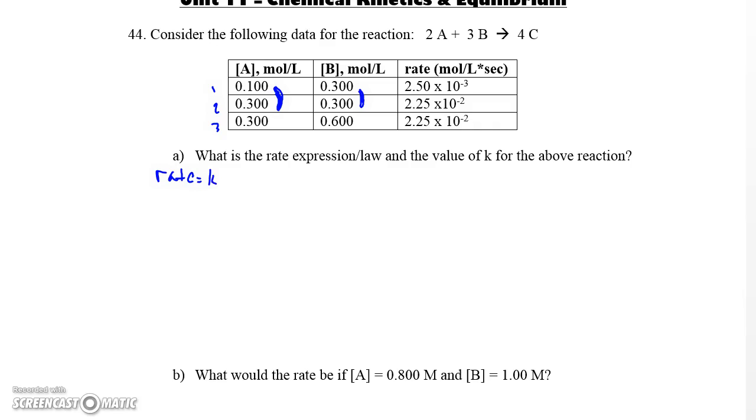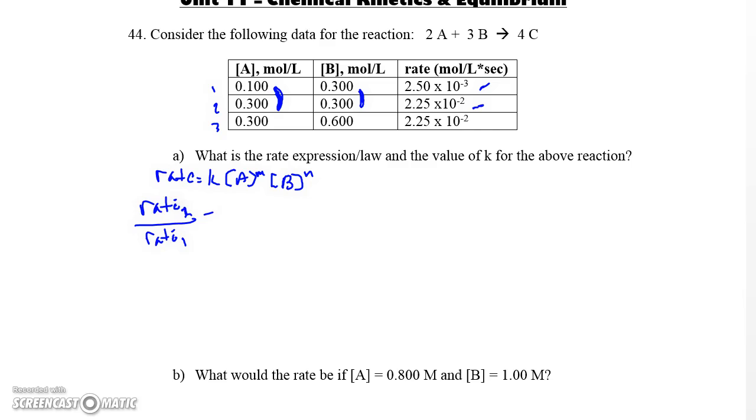So we're going to look at this expression here. Rate is equal to k times the concentration of A raised to some exponent we'll call m, times the concentration of B raised to some exponent n. And I know that my rate of experiment 2 over rate of experiment 1, the math will work out the same, but I always like to put the bigger rates above the smaller rates.